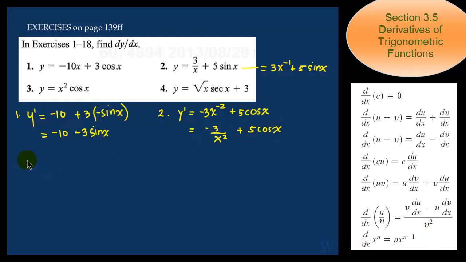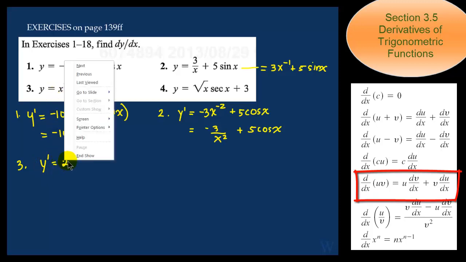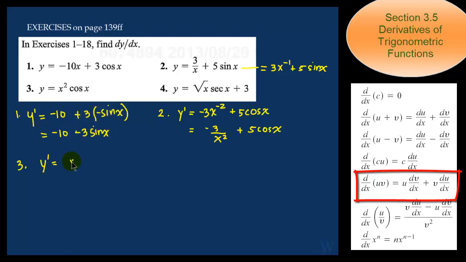How about number 3? What we're looking at is a product of x squared times cosine x. So to take the derivative, y prime, first, let's take the derivative of the first term, which is 2x, multiplied by cosine x.